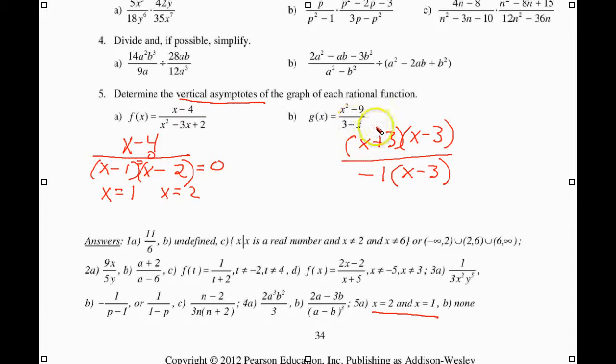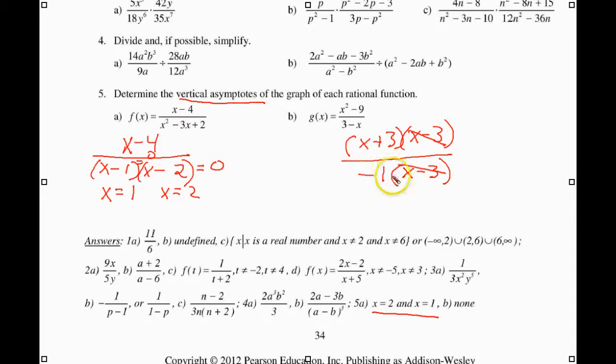Now, for this one, the numerator is the difference of perfect squares. And here the signs are reversed. If we take out a -1, this happens. These will cancel out. And now you don't have a variable in the denominator.